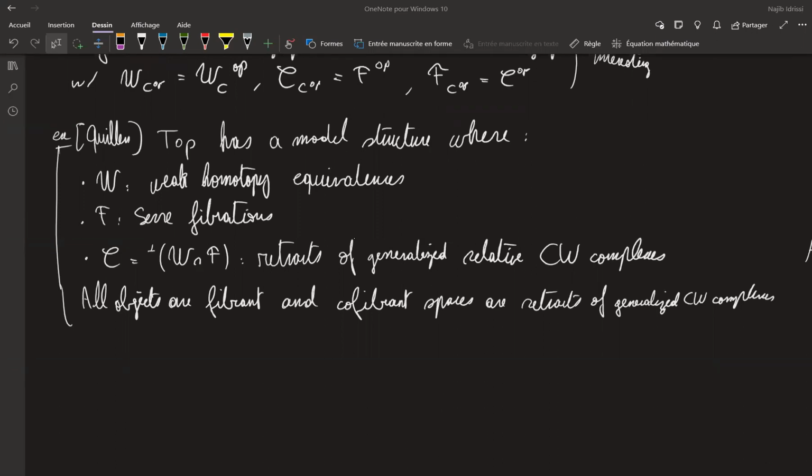So all objects are fibrant, right? This is a sentence. And cofibrant spaces are retracts of generalized CW complexes. Okay, is it okay? Okay.